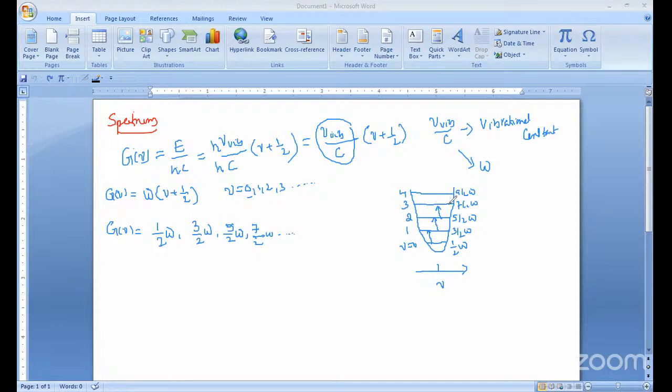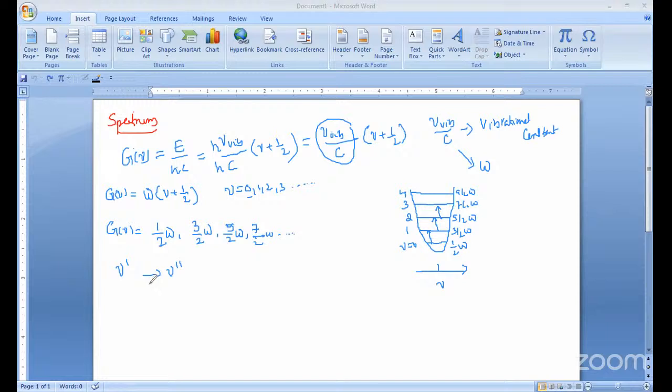So here, when a transition takes place between an upper level, say the upper level as nu dash, and a lower level nu double dash, here the wave number of the emitted or absorbed radiation.